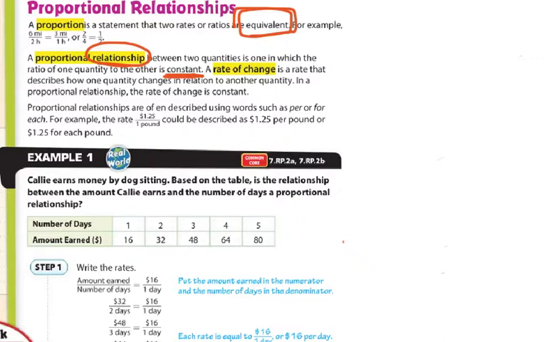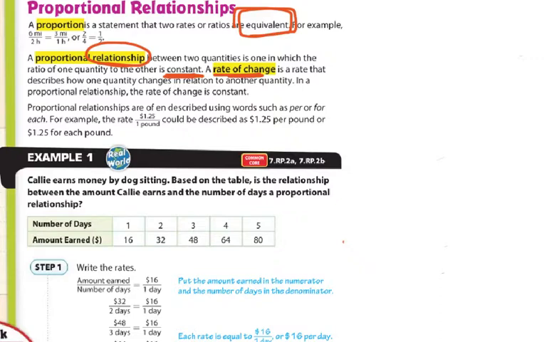It was a proportional relationship. And so a rate of change is the rate that describes how one quantity changes in relation to the other quantity. So in a proportional relationship, the rate of change is constant. For the problem above, the rate of change was 3.5 inches for every 1 second, okay?